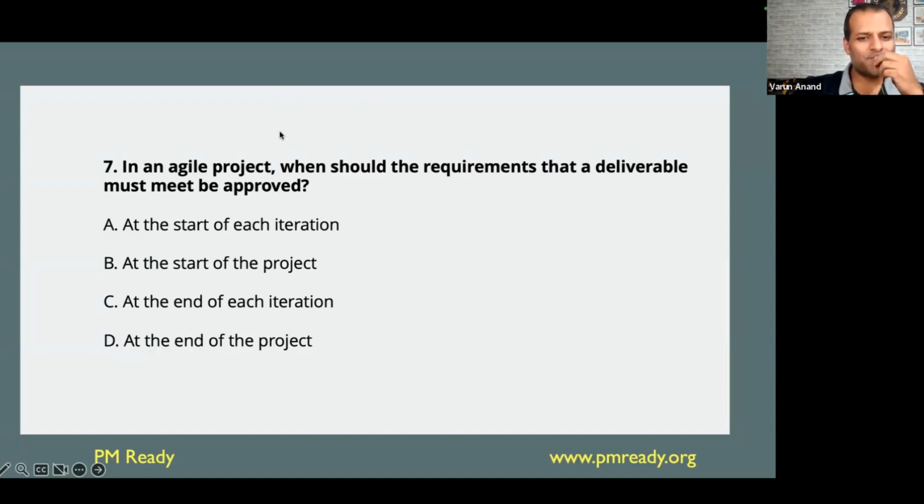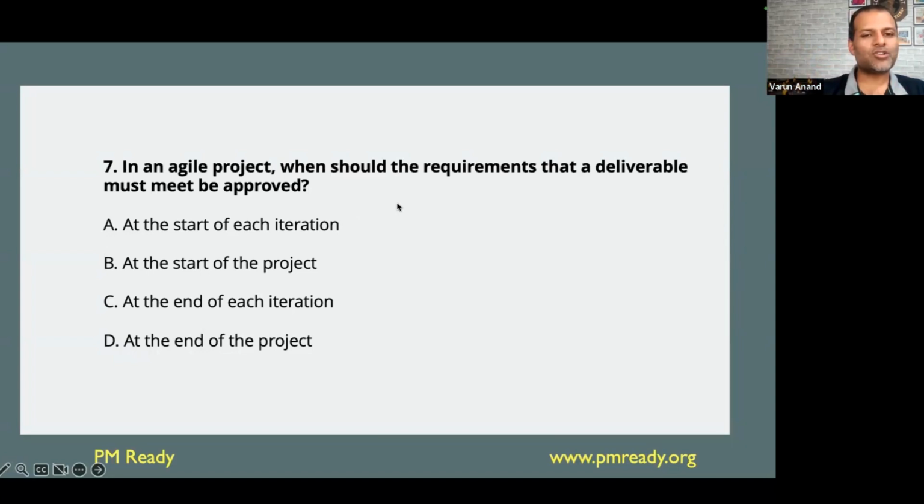Michael, are you sure? Think about it. Yeah, now we are talking. The correct answer is A, guys. A, at the start of each iteration. So it says, in an agile project, when should the requirements that a deliverable must meet be approved?